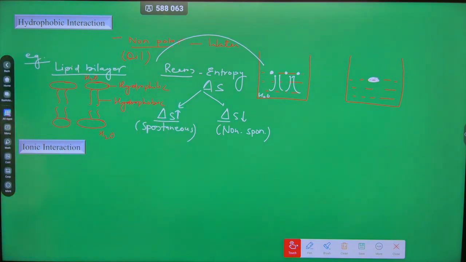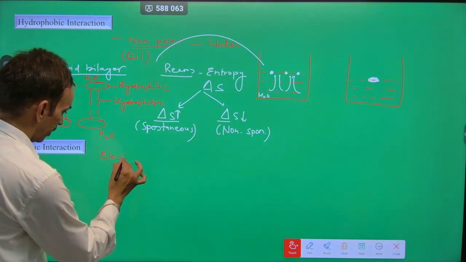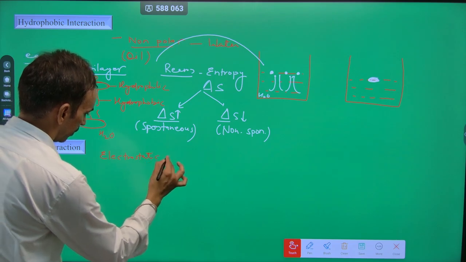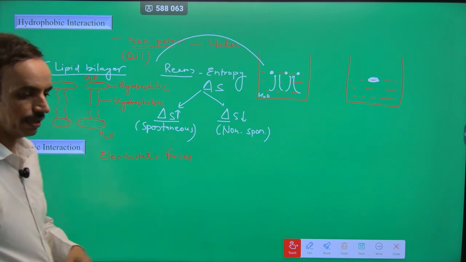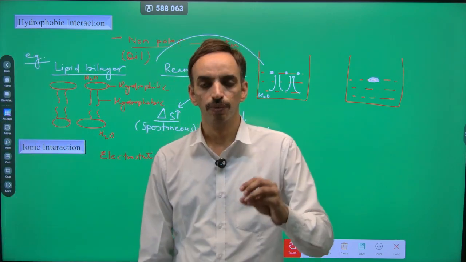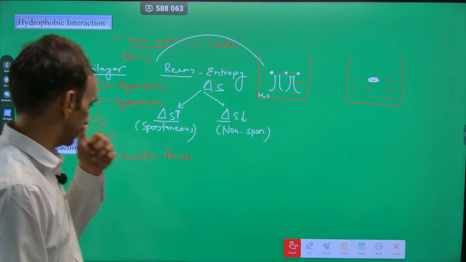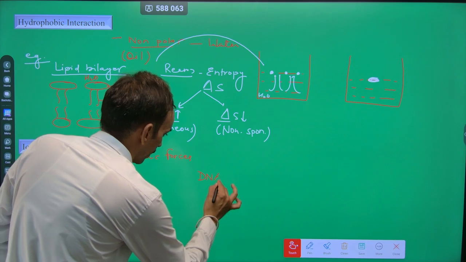Next is the ionic interaction, that is also known as the electrostatic forces. These are found between the molecules which have partial positive and partial negative charge. For example, the DNA and histone.